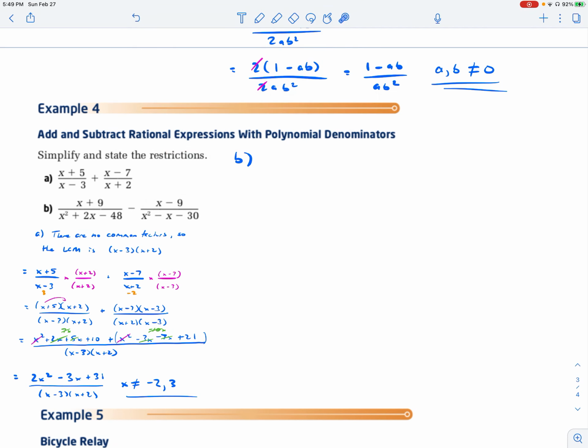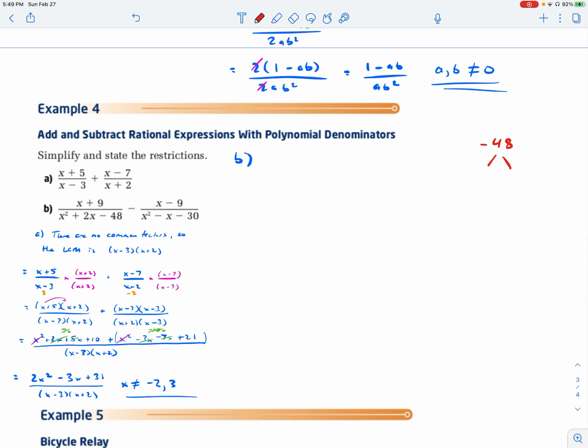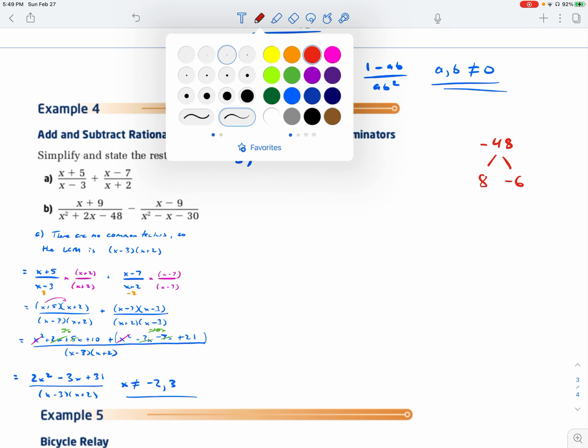So let's take care of this one. Negative 48. That's simple trinomial factoring. Two numbers that multiply to negative 48 and add to 2. So we could do 8 and negative 6. Okay, that multiplies to negative 48 and adds to 2. So that will be the first one.